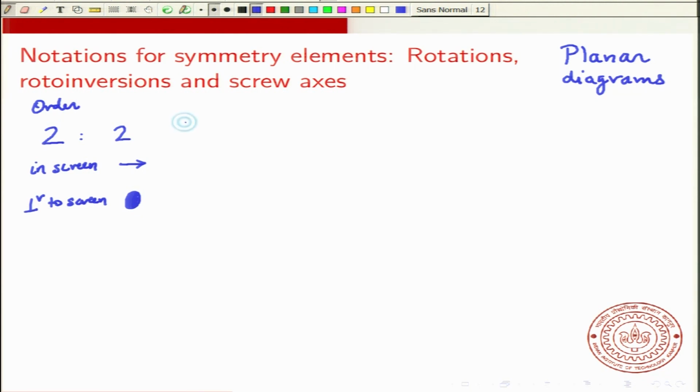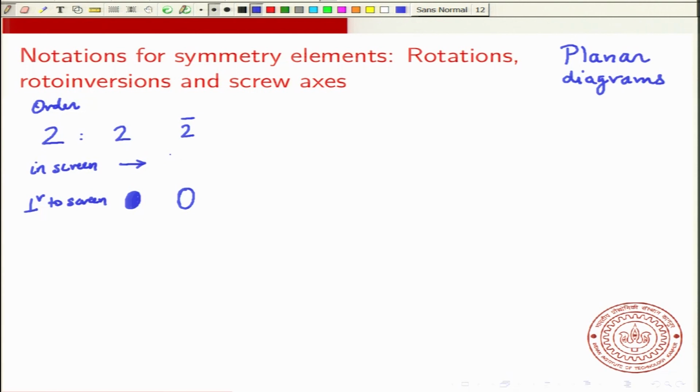Now there can be other two-fold axis. You can have a 2 bar, which is a two-fold rotation plus an inversion. I'll show a 2 bar that is perpendicular to the screen.